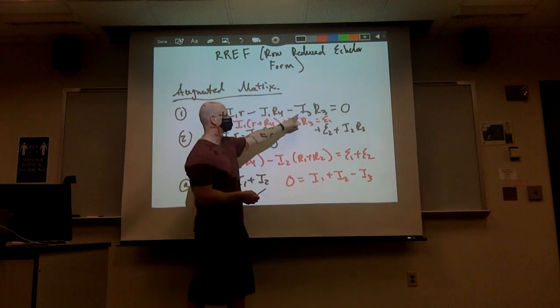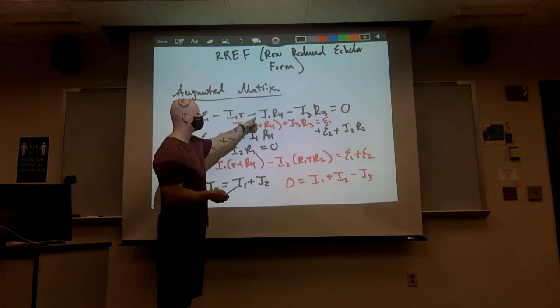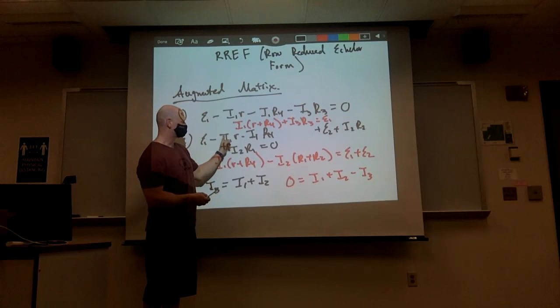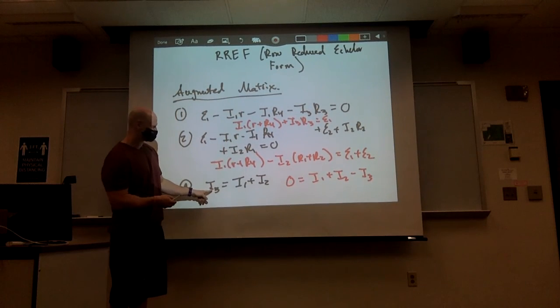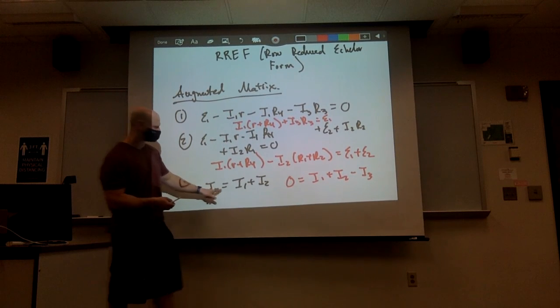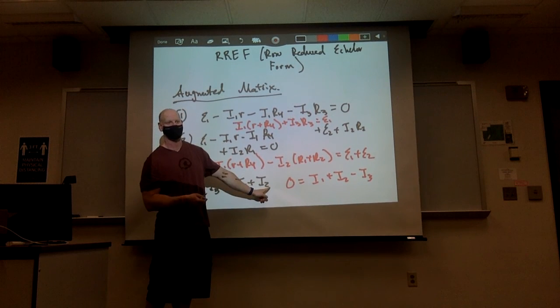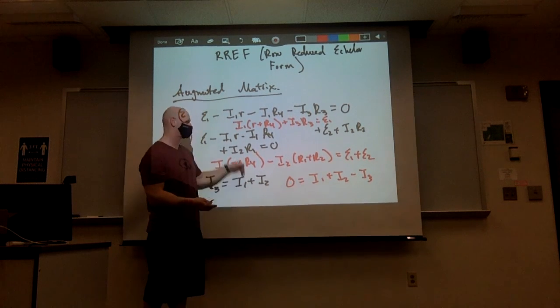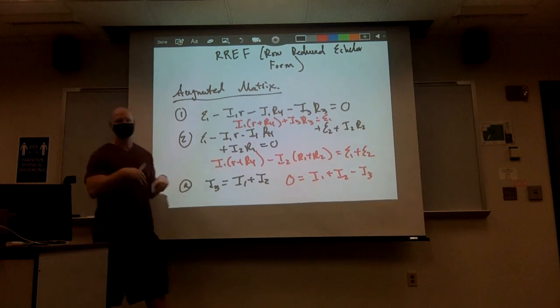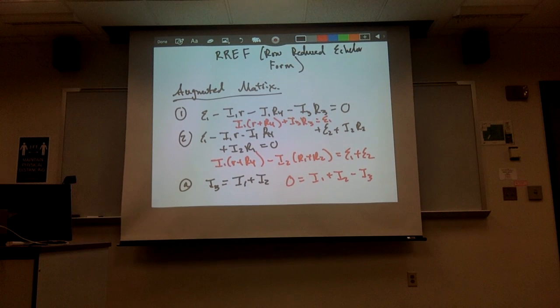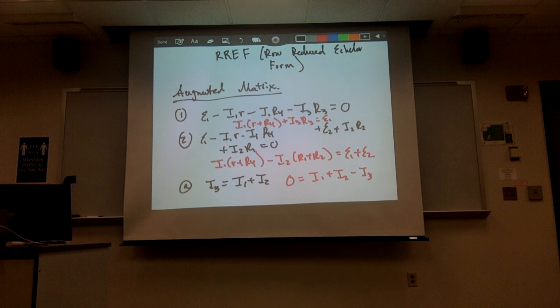So in this case, you would solve this equation for I3 in terms of I1, solve this equation for I2 in terms of I1, plug that back into this expression. So then I3 would be in terms of I1, I2 would be in terms of I1. So now you have one equation which is only in terms of I1. Solve for I1, from there, plug that back into those other expressions, and then find I2 and I3. More algebra, but.